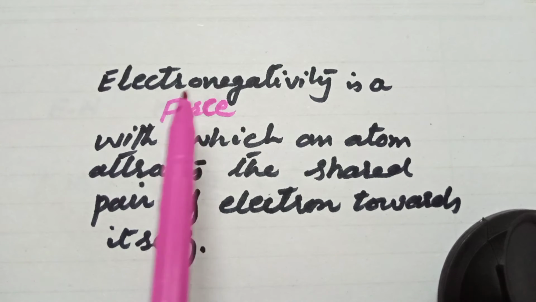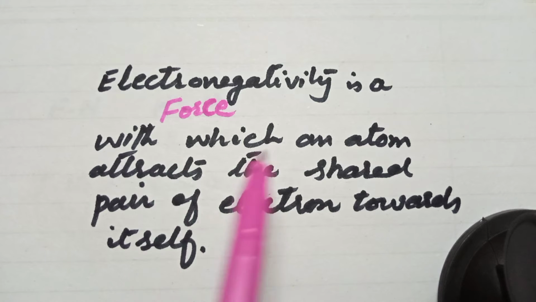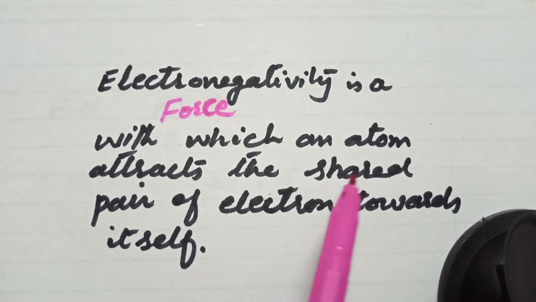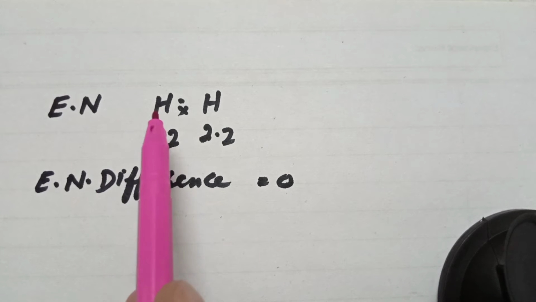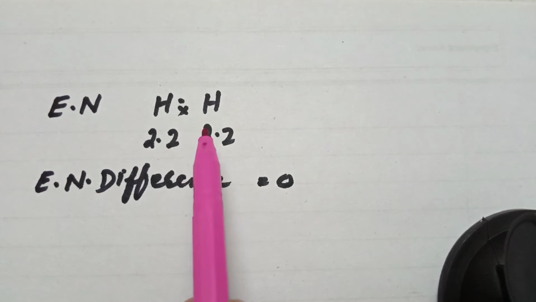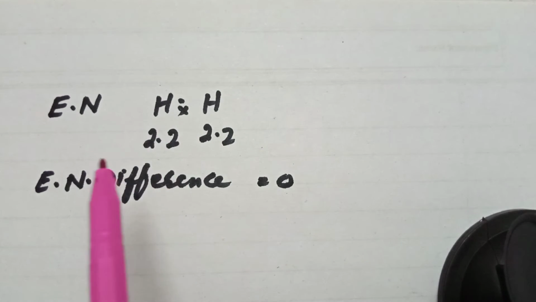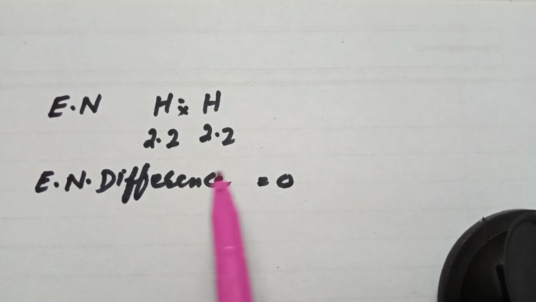Non-polar covalent bond can be explained on the basis of electronegativities of these elements. As you know that electronegativity is a force with which an atom attracts the shared pair of electrons towards itself. Electronegative value of hydrogen atom is 2.2. Both of these two atoms have the same electronegativity value. When we find its difference, it will be 0.